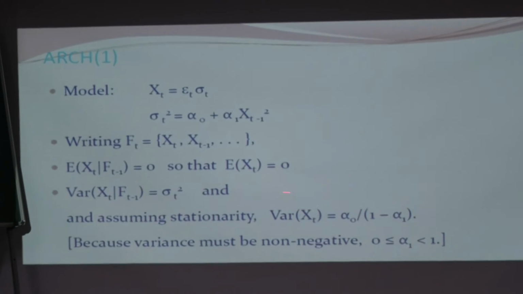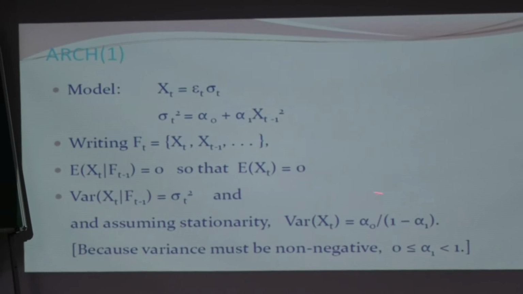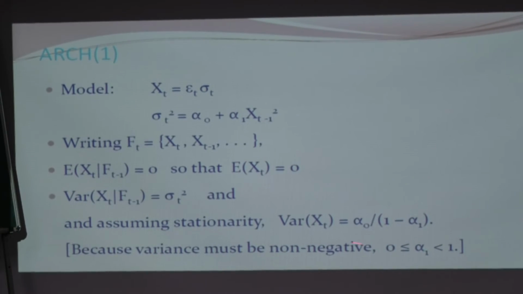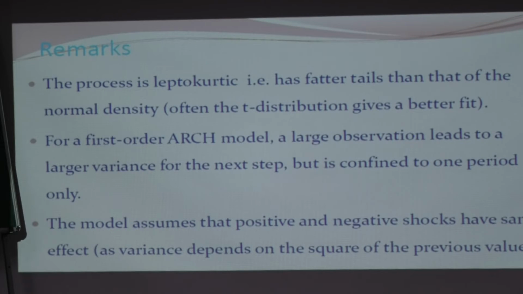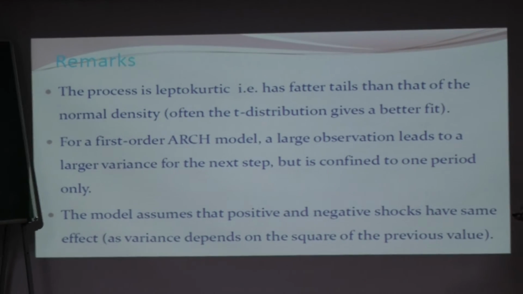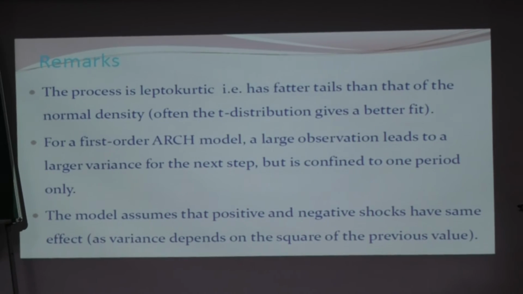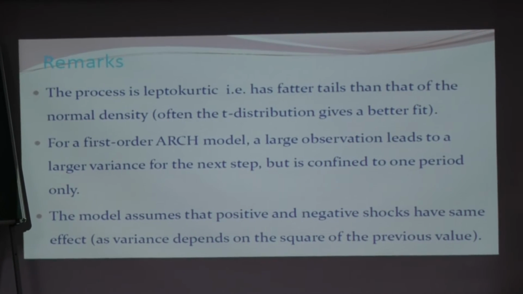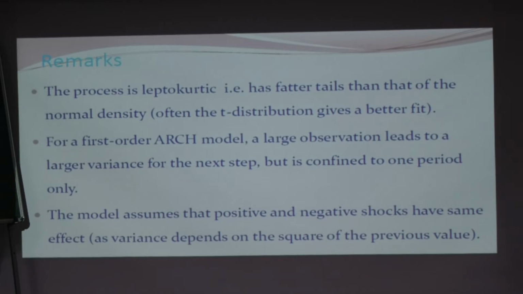But remember that the unconditional variance again is a constant, okay, so that doesn't violate the problems there. So it's only the conditional variance that we are looking at here, okay. The process is leptokurtic. These are some of the remarks that I'm putting in. I'm not going to show you the mathematics of this, okay.